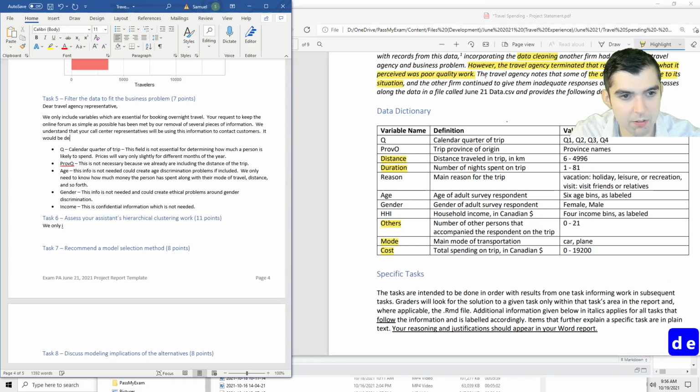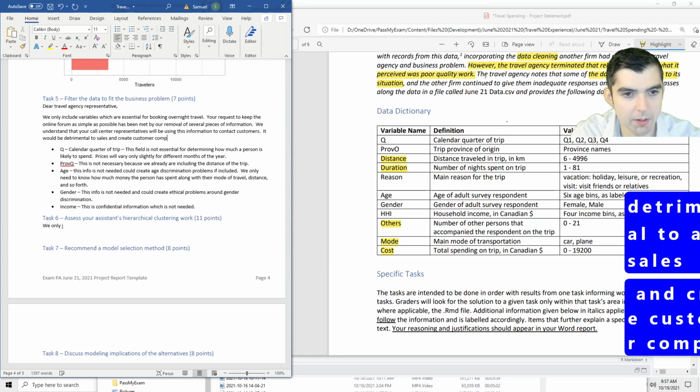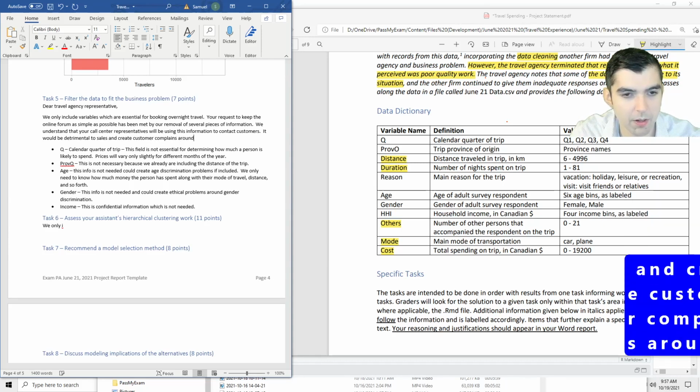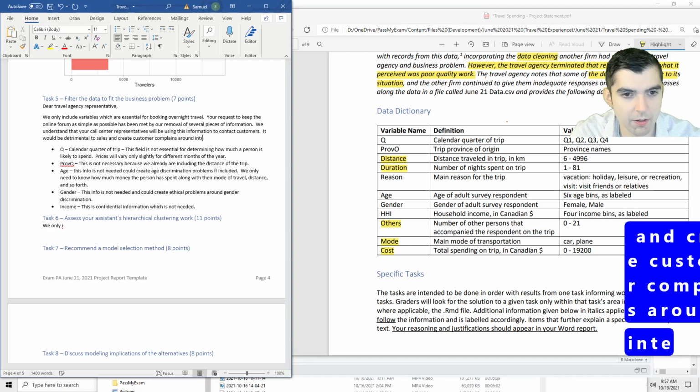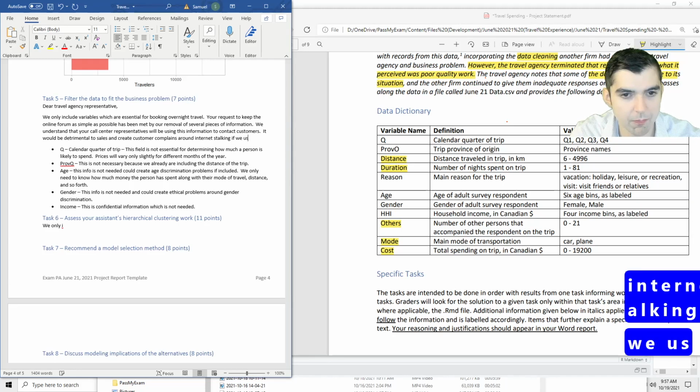I would say detrimental to sales and create customer complaints around internet stalking if we used some of these fields.